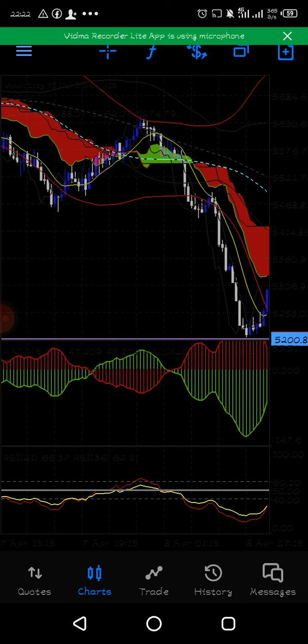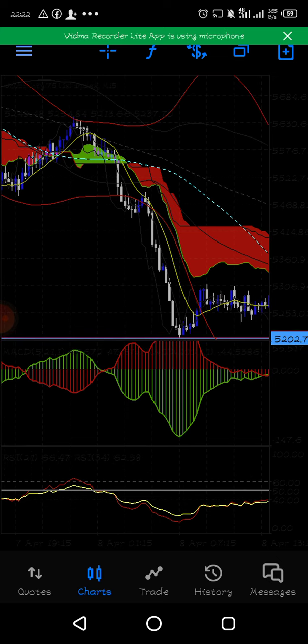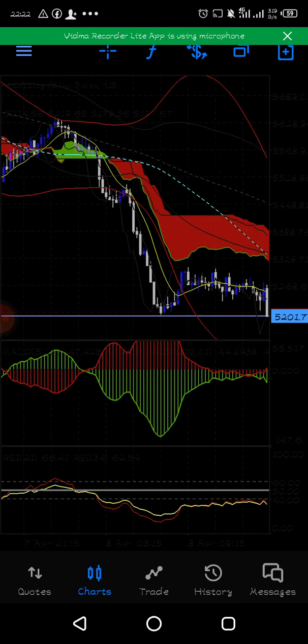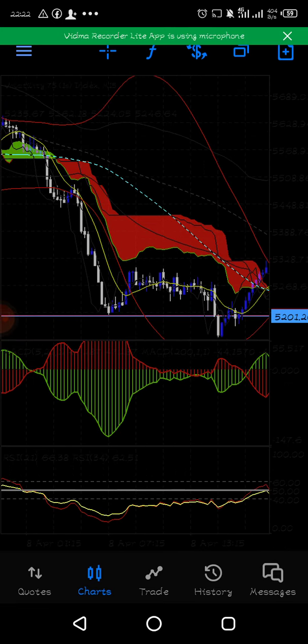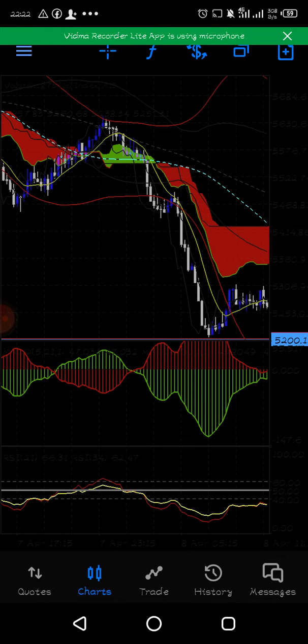This one breaks but couldn't break out to the upside, but at some point it came back down and continued the trend. So which means that we are on the downside and we can take the trades to the downside and ride it. So this is very good for opening entries when the yellow line crosses the middle band, which is light blue.